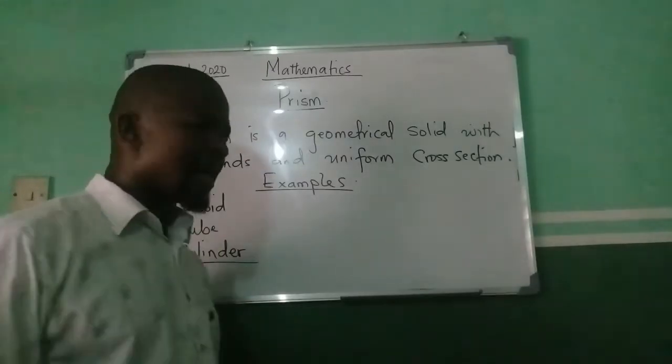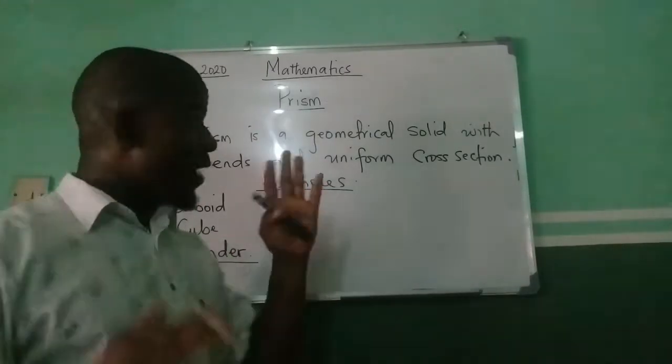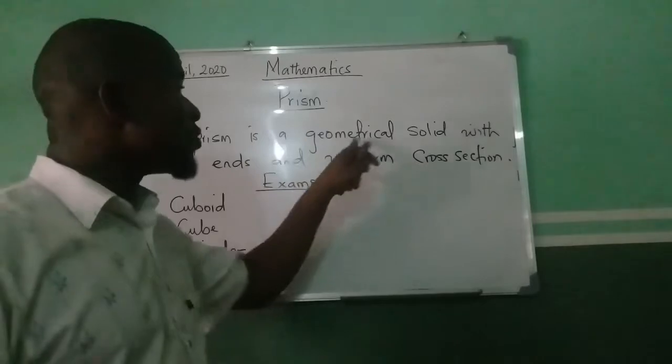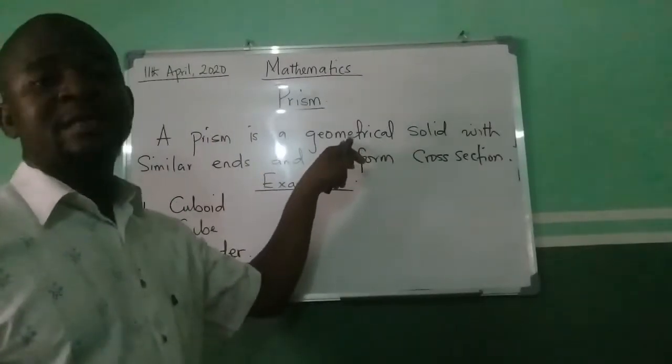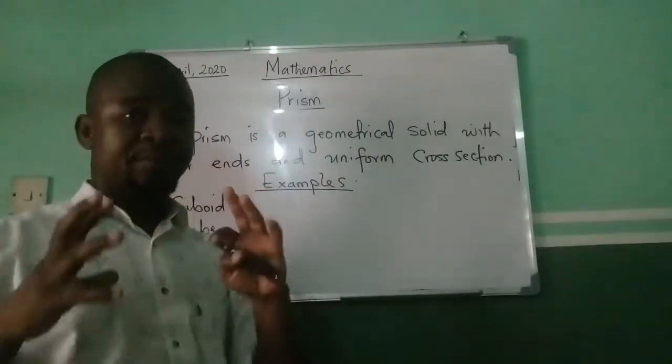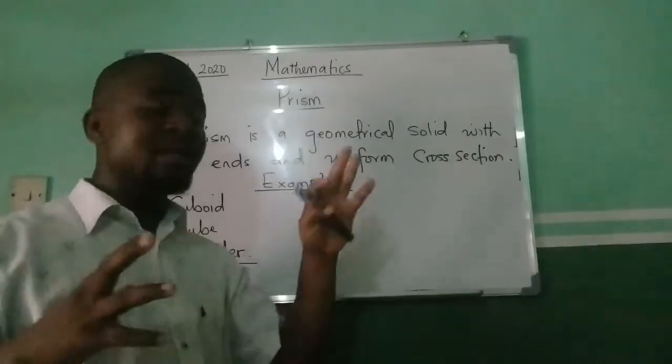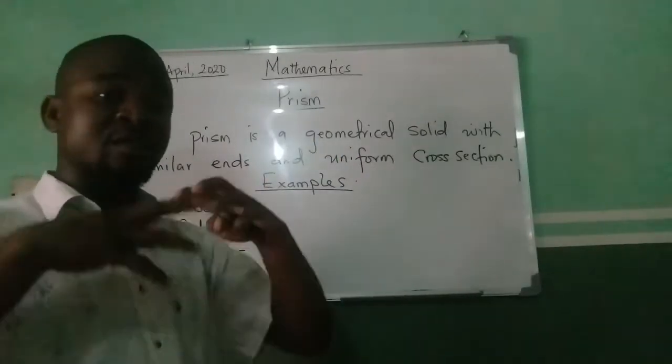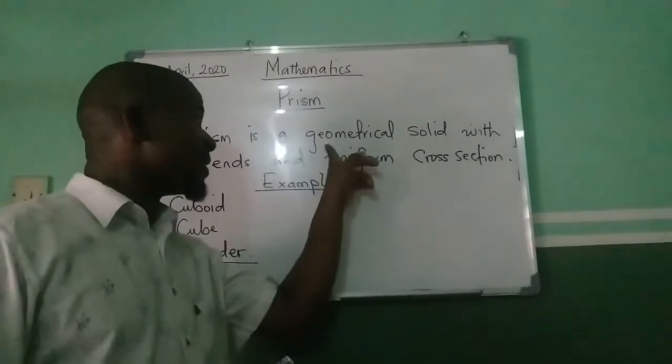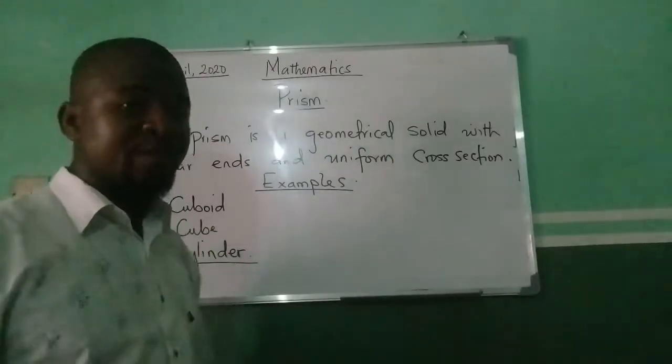If you look at a cylinder, generally, a prism is a geometrical solid, meaning it has dimensions, okay? It has shape. Geometrical solids have shape. That is the reason behind this name, geometrical.